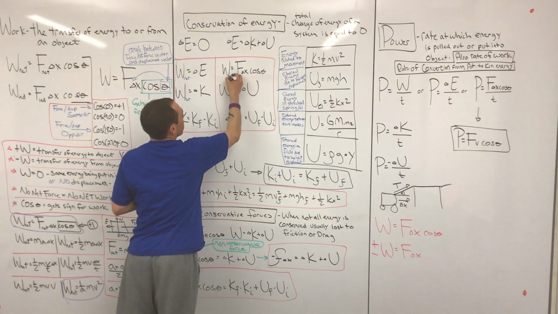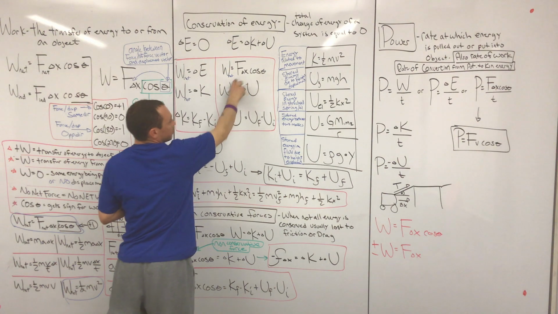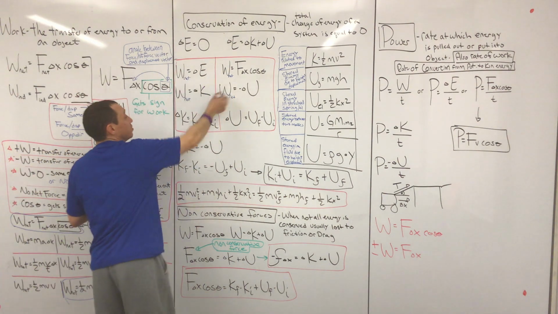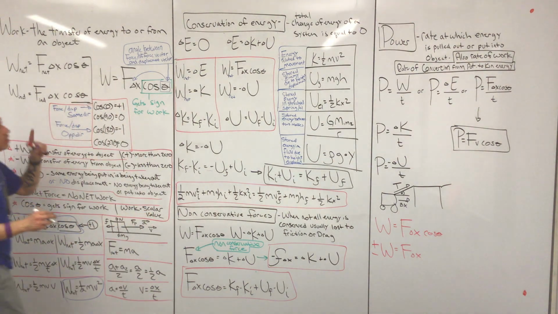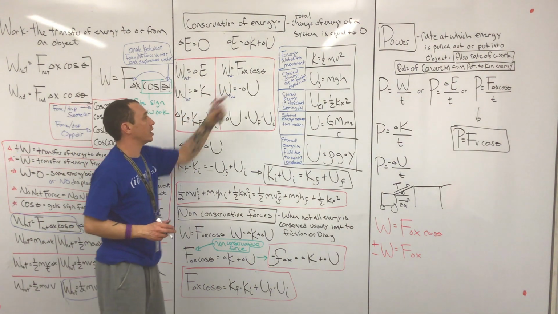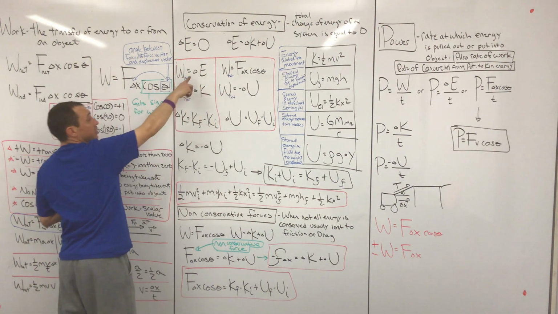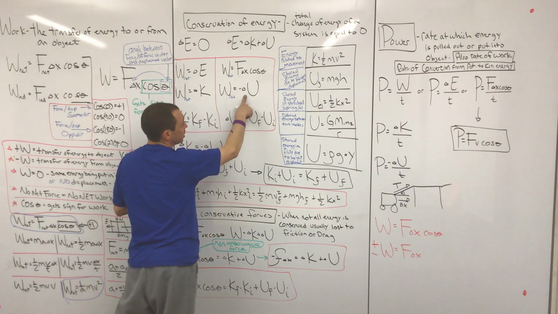We also know that net work can be equal to force times how far that force is being applied for, right? So it's important, we see all these things, right? We also know, yes, individual works can be equal to the individual force and how long they're applied, but net work can be equal to quite a bit of things, right? The total change in the energy of the system, the total change in kinetic energy, the total change in U.